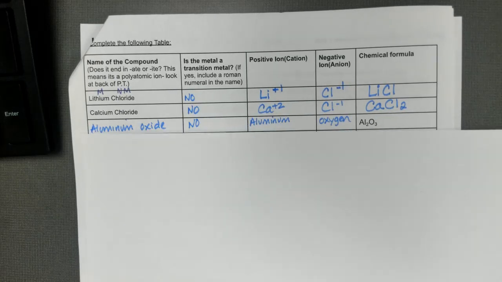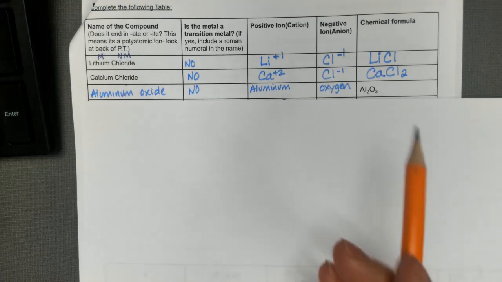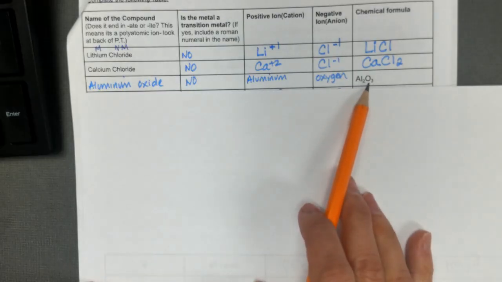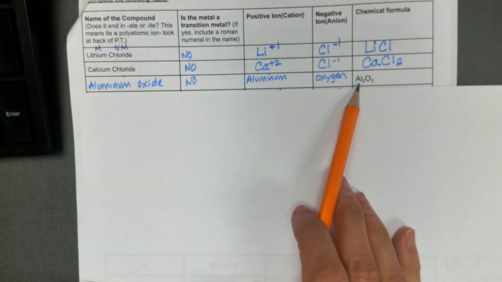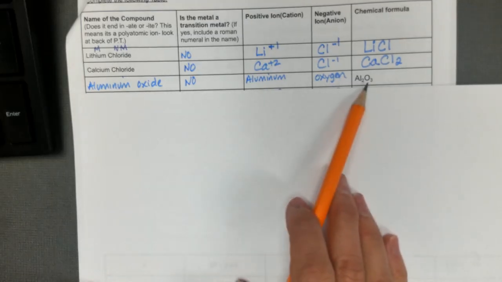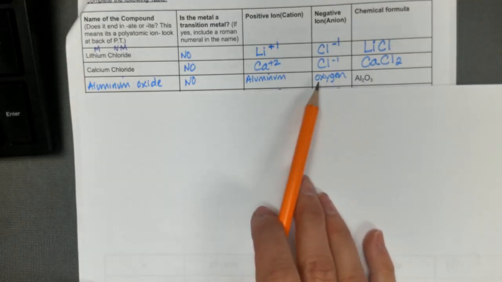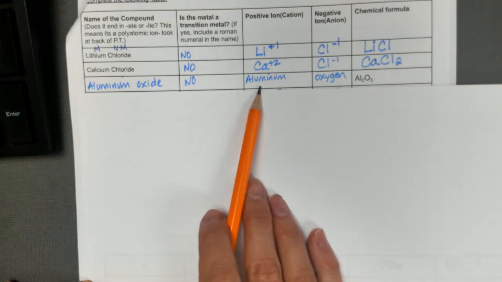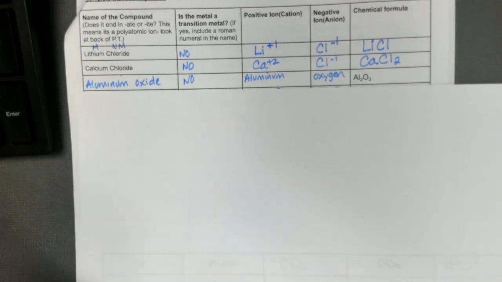Okay? All right. So now let's look at one where we're working backwards. So here I have Al2O3. I'm going to write the name of my Al, which is aluminum. I'm then going to write O, which is oxygen. Now I'm going to ask myself, is aluminum a transition metal?